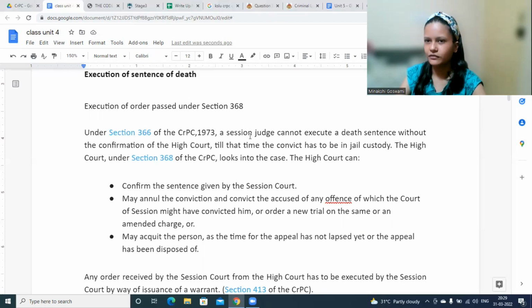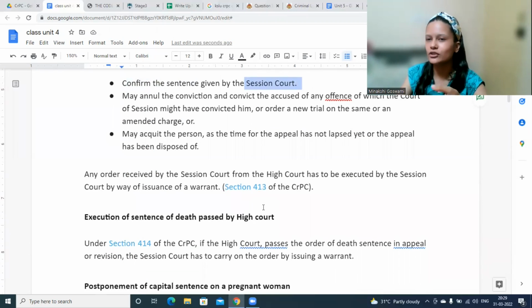Even if the Sessions Court decided the case and has given the death penalty, just because of that, it would not be executed straight away. It needs to be confirmed by the High Court also. So the matter would go to the High Court, and the High Court needs to confirm it.